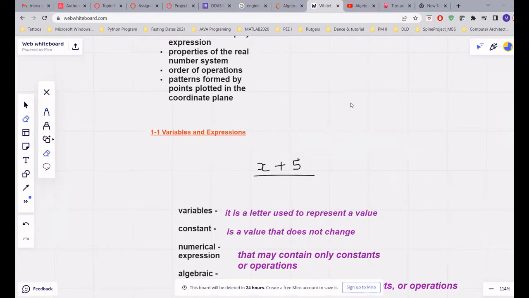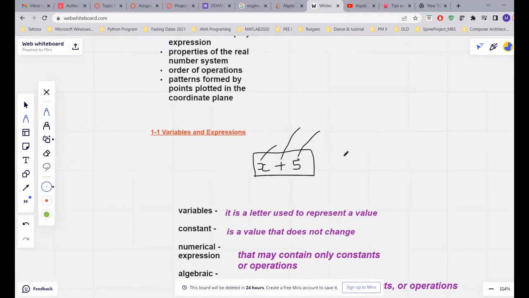So as you can see, this is an example of an algebraic expression. X plus 5 is an example of an algebraic expression. It contains a variable, it contains a constant, and it also contains an operation.